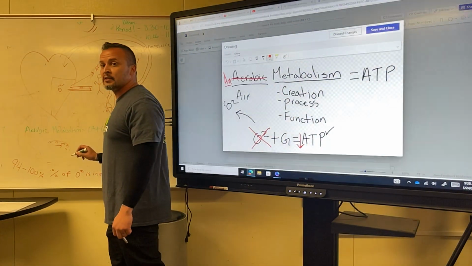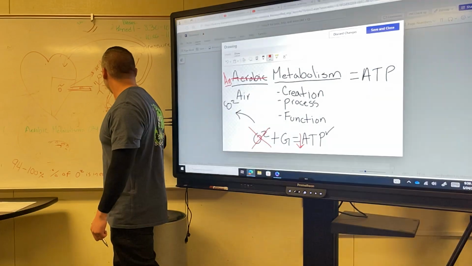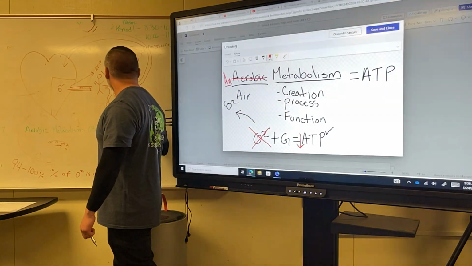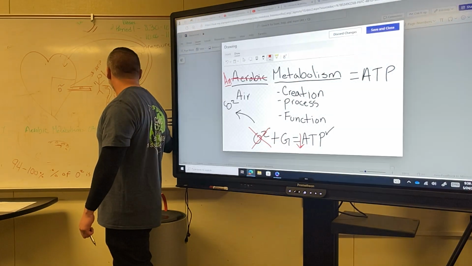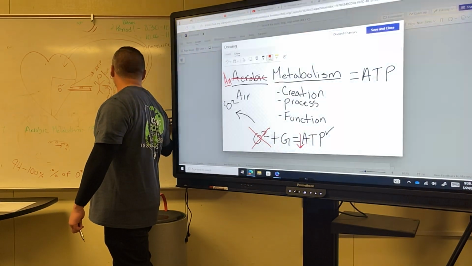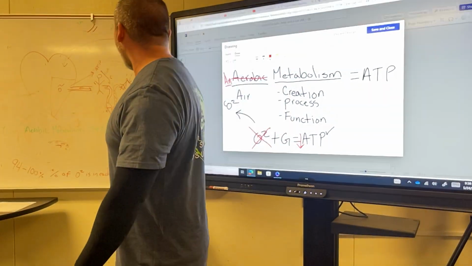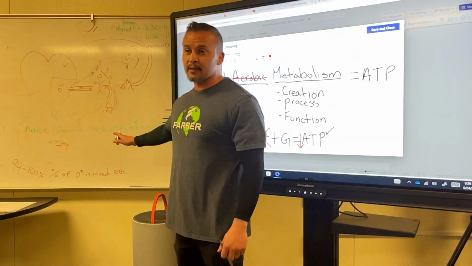Not just perfusion, but good perfusion. Normal. So if you want to put perfusion slash normal, that means everything's functioning how it's supposed to function, whatever makes you remember. Okay? So these three things mean the same thing.